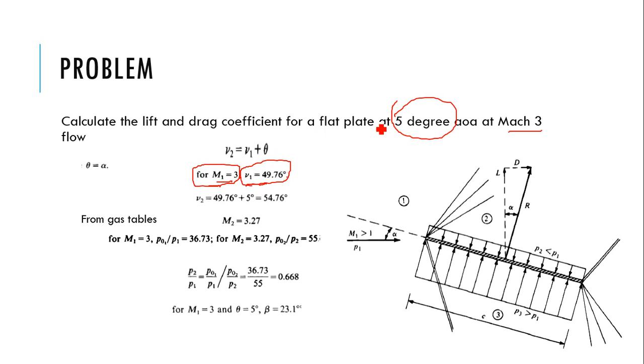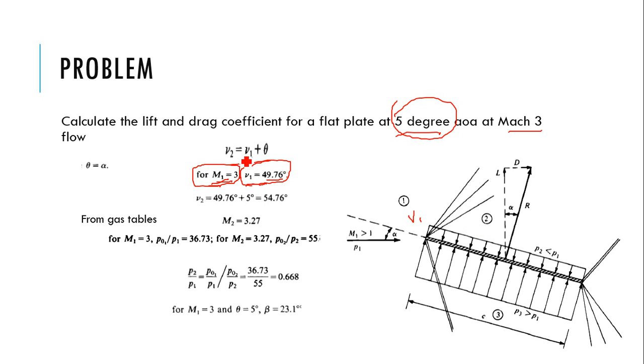For this 5-degree angle and this Mach number, we have the expansion wave over the top surface. So straight away we can find the V1 from the gas table as 49.76.